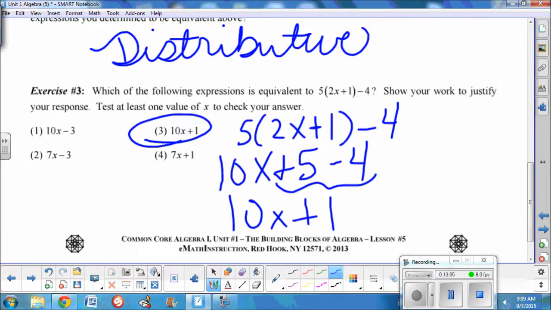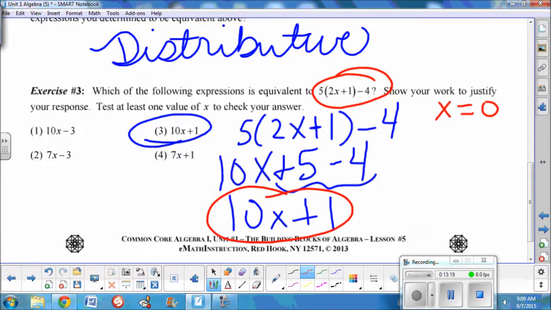And it says test at least one x value to check. So I'm going to go with the easiest value to work with, 0. I'm going to put it into our given expression, and then into what we came up with after we simplified. So 5 times 2 times 0 plus 1 minus 4.